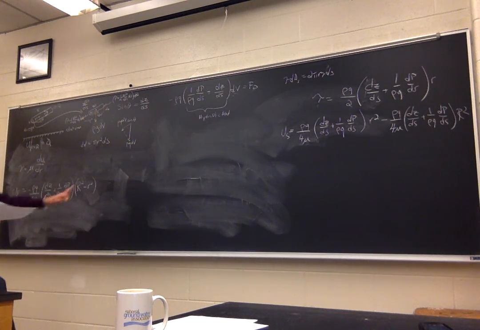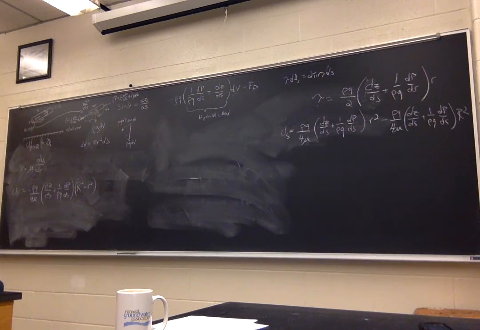So that's the velocity profile of this system between the control volume and the total volume of the pipe.